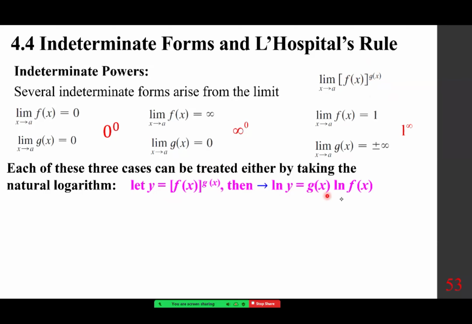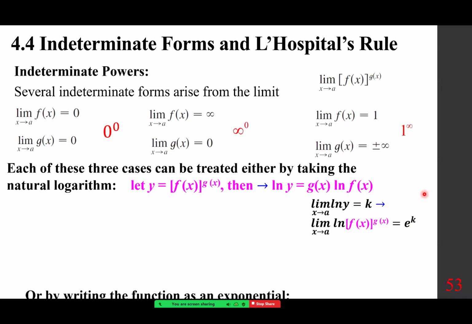So ln y is g of x times ln of f of x. I go through the process and find the limit for ln y as something, for example, k. Then the answer would be e to the power of k, the reverse process. If this is 5, the answer is e to the power of 5. If it's 10, e to the power of 10, minus 2, e to the power of minus 2.